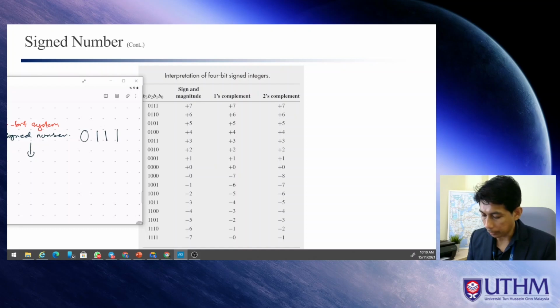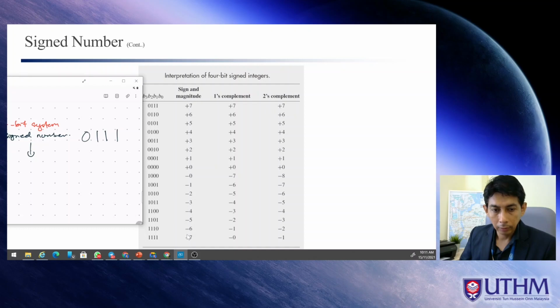This is the biggest positive number that you can put in a 4-bit system. If you put 1 here, this is not a positive number anymore. This is a negative number because the sign is 1. So the maximum positive number is 0111, and this is actually 7.